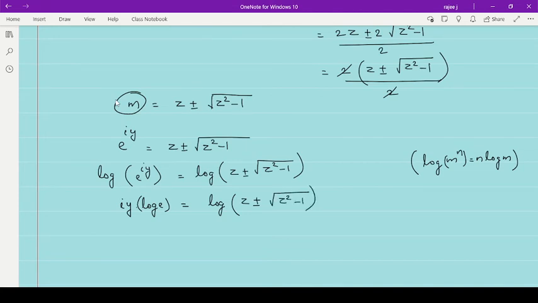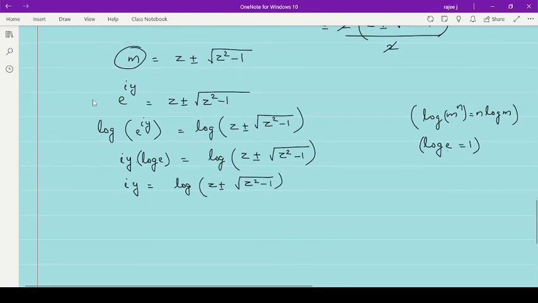Okay, now the value of log e, actually here e to the base e is there. So log e to the base e is 1. Log e is 1. Okay, so therefore here i y is equal to log of z plus or minus under root of z square minus 1.